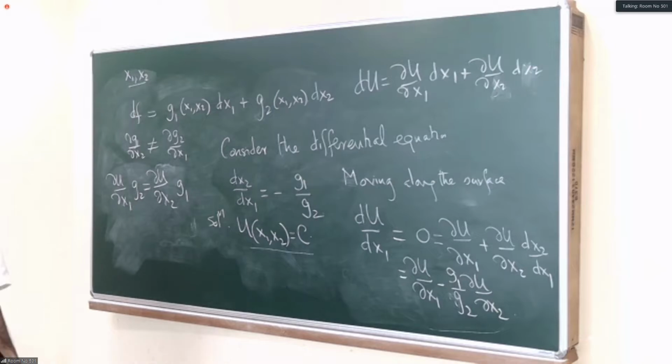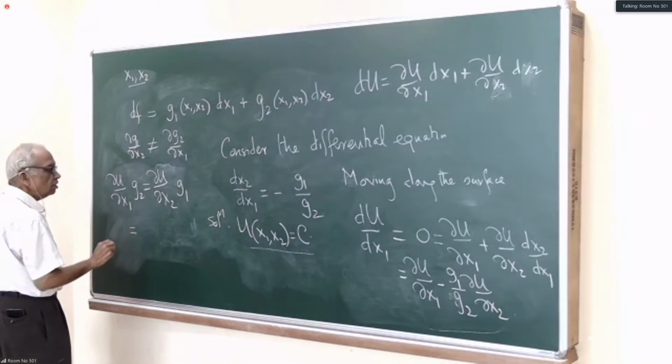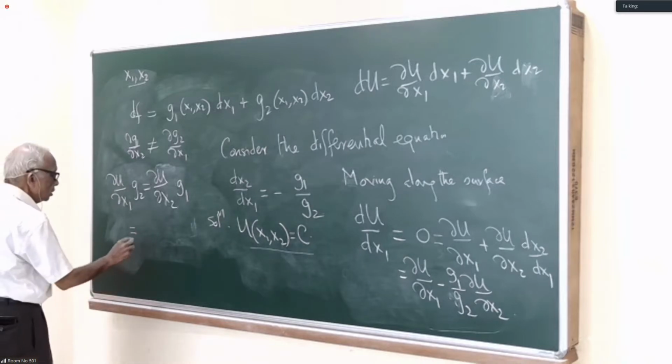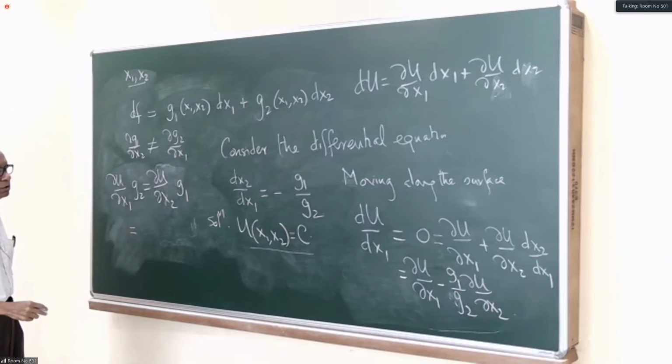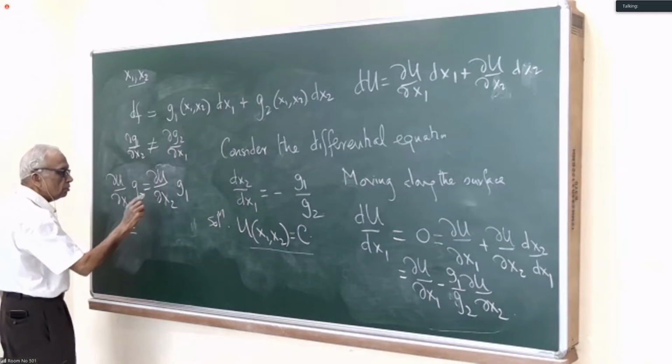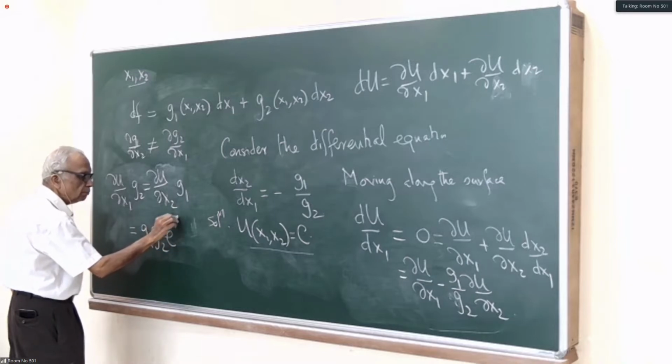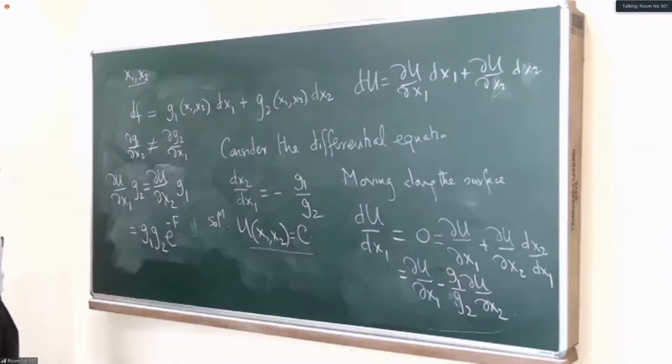And I'm going to define a function, capital F, by this: g1 g2 e to the power minus F. So del u del x1 g2 is equal to del u del x2 g1, which I'm going to call g1 g2 e to the power minus F.